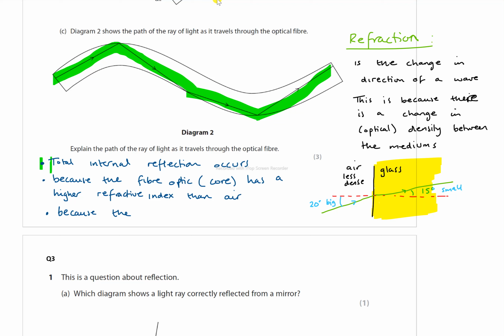It occurs because the angle of incidence is greater than the critical angle. So watch this. This angle here is the angle of incidence.